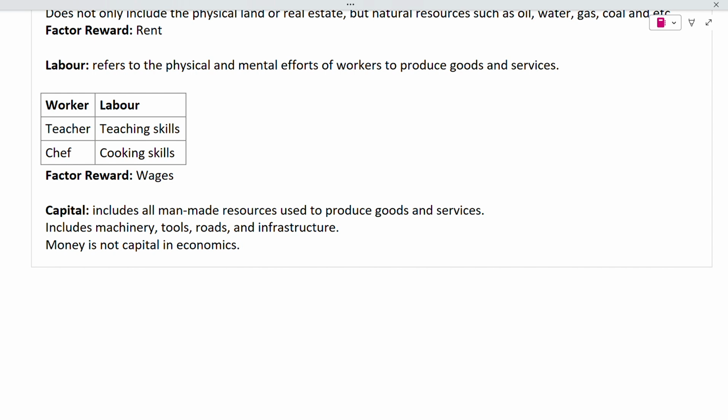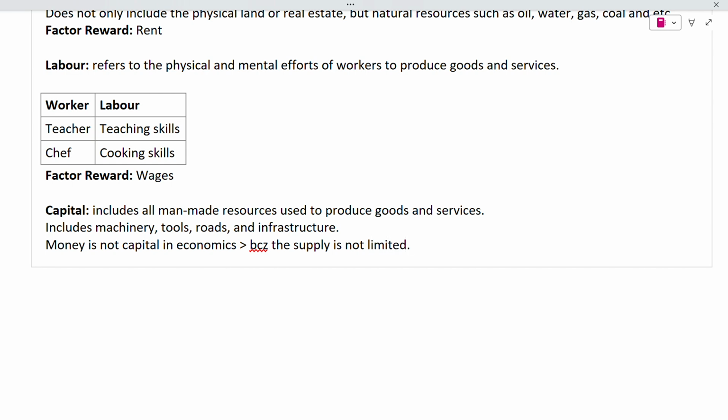The reason for that is we know that the resources and the factors of production are limited in their supply, but this characteristic does not apply to money, because at any point in time the government can increase the supply of money by just printing more money or doing open market operations. So money is not considered capital in economics because the supply is not limited.